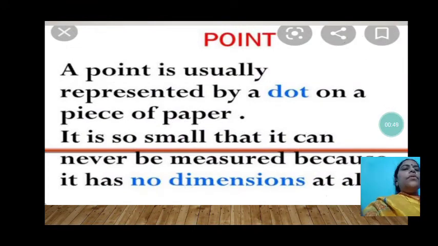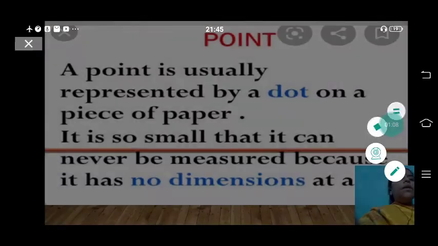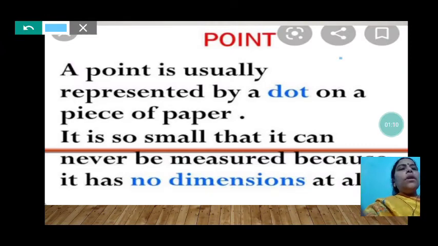First of all, we will read what a point is. We will know about a point. A point is usually represented by a dot on a piece of paper. When we want to know about a point, we see a dot on a piece of paper.